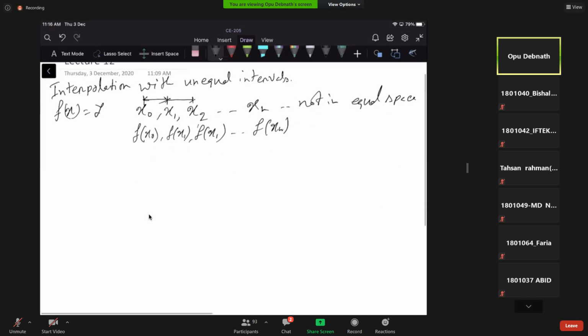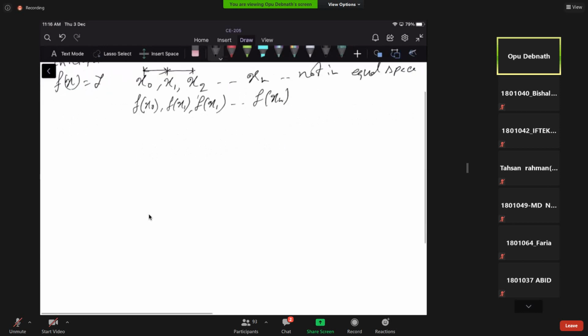So let's first start with the difference table. How to form the difference table? We can show the difference table as before.